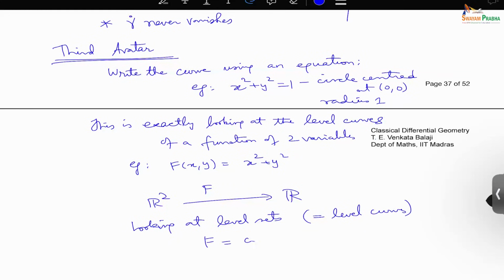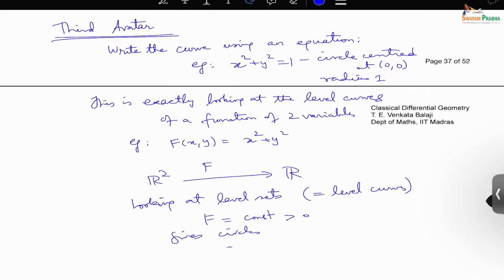F is equal to constant gives circles, constant positive, x squared plus y squared is equal to constant positive. Okay, so this is the third avatar, and whatever your definition of curvature is, it should work for all the avatars. It should be universal.